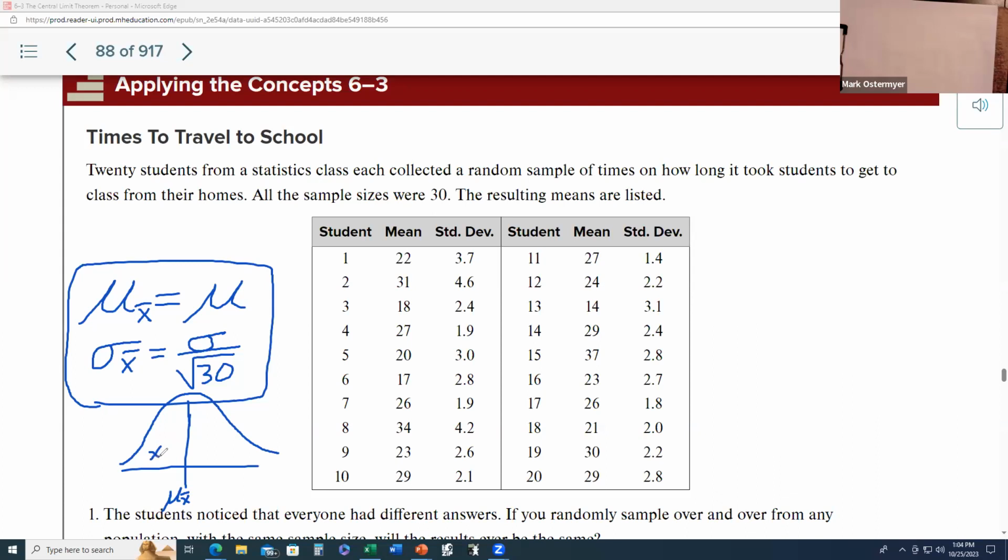So all these 20 sample means here, all right, would be distributed according to a normal distribution. This is called a sampling distribution of all sample means of all samples of size 30 that were extracted from the parent population. We would have a normal distribution according to the central limit theorem. Right? That's called a sampling distribution of sample means.